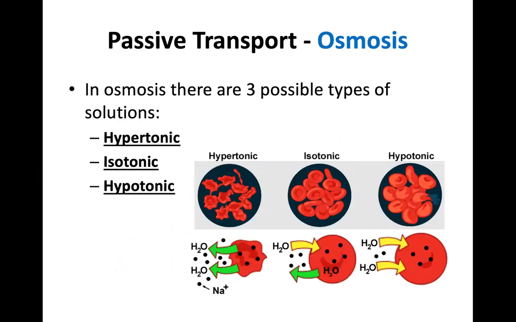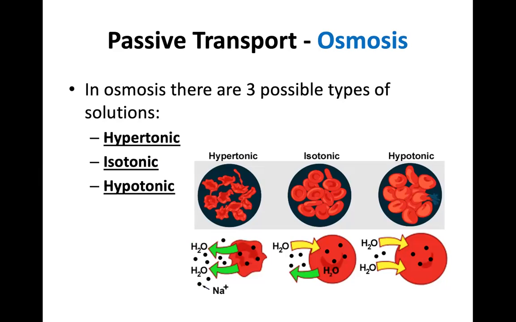So now here comes the part that I was telling you about yesterday. There are three types of solutions that we have to be familiar with in osmosis. Hyper, hypo, and iso. Okay? So in hypertonic, the cell is going to shrink or shrivel up.